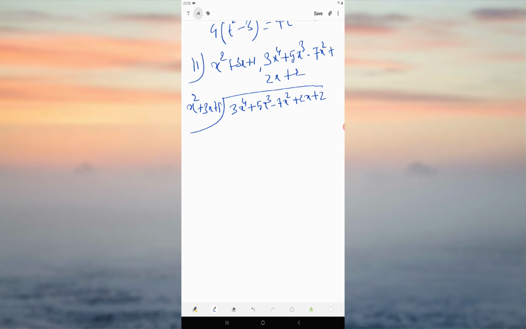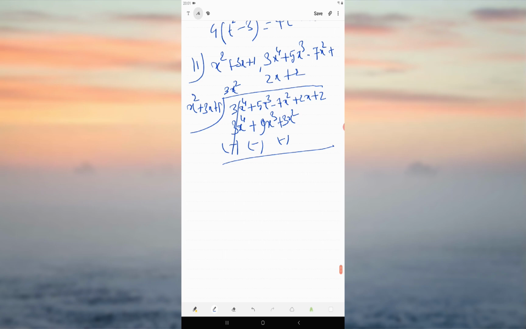So first I need to go with 3x², so it will give me 3x⁴ plus 9x³ and then plus 3x², so minus, minus, minus. So this one will go.